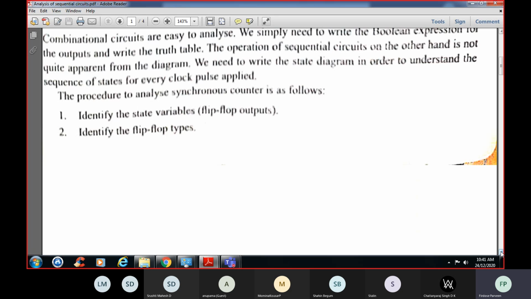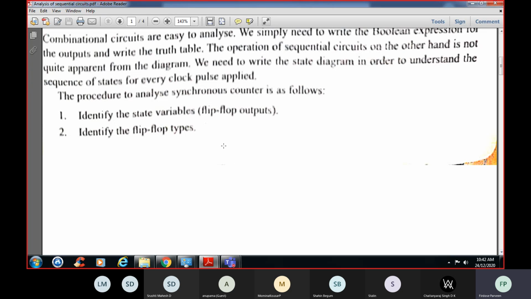There are a few steps. You can write down these steps. These steps are very important. If you know the steps, you'll be able to do it. And the problems on this will be for 10 marks or 12 marks. It is very important. So what is the procedure?